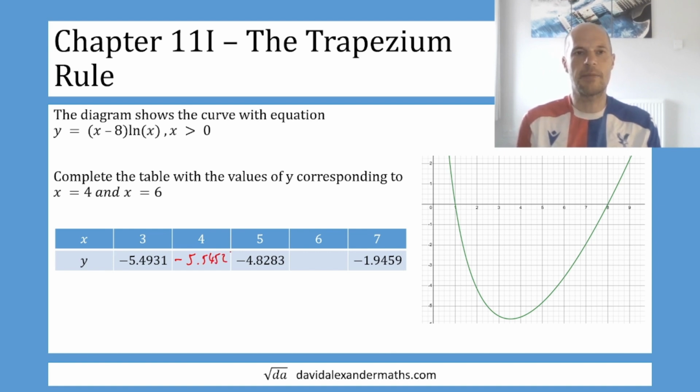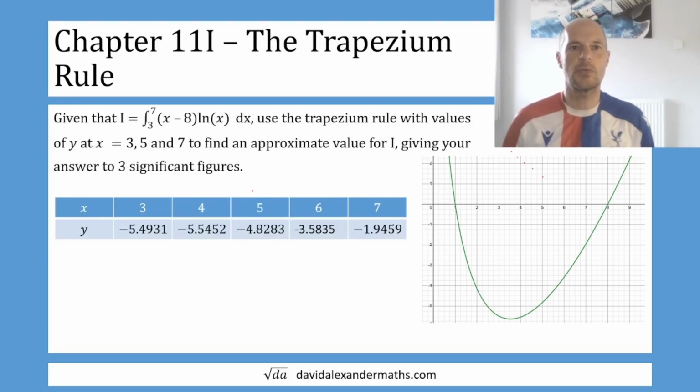And I'm going to do exactly the same thing with 6. So 6 take away 8 is negative 2. So minus 2 times ln 6, which is negative 3.5835. So that part of the question is nice and easy.